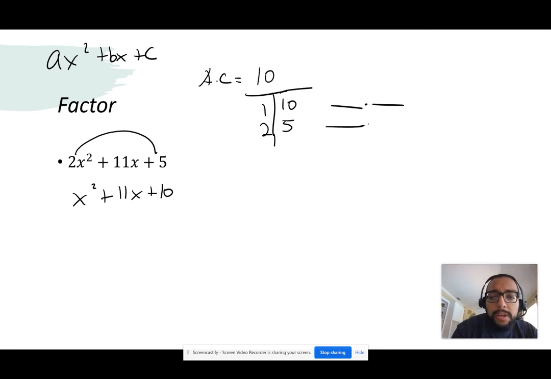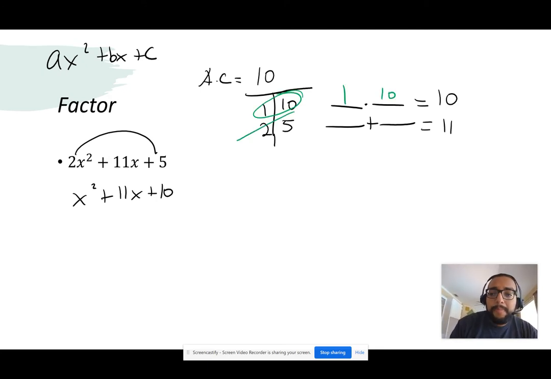Two numbers that multiply to get you 10, and when you add, get you 11. So within those two pairs, it would have to be 1 and 10, because 1 times 10 is 10, and 1 plus 10 is 11.